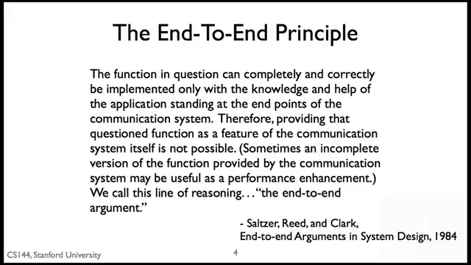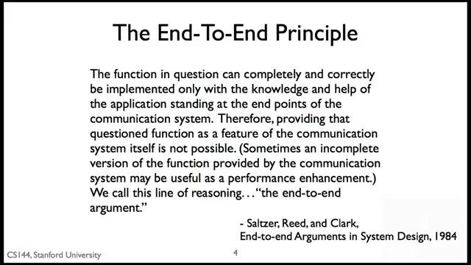Providing that function as a feature of the communication system itself is not possible. So sometimes the communication layer, like the internet, could help you, could improve performance, but ultimately it has to be up to the endpoints to ensure correctness.